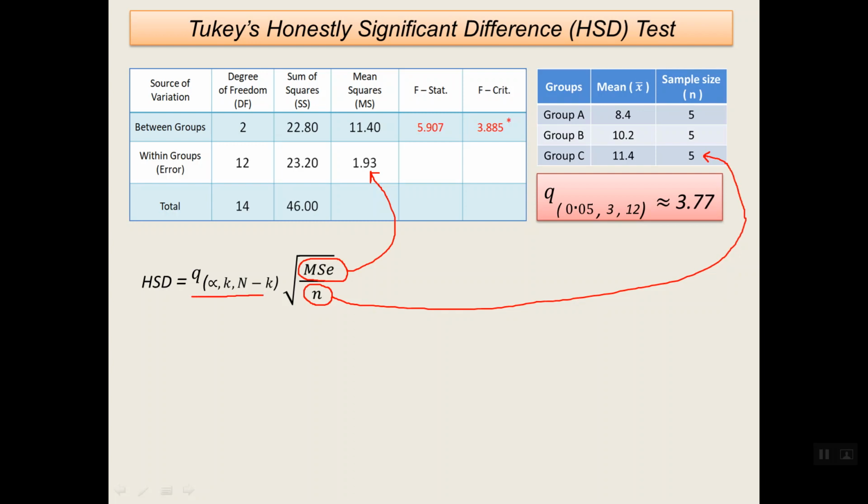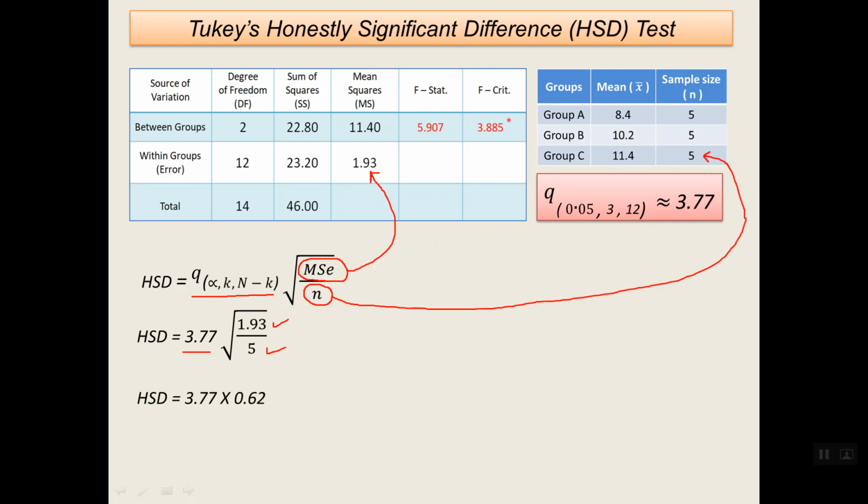And the value of Q is already determined. So if we substitute, the value of HSD is equal to 3.77, which is the value of Q, 1.93, the mean square of the error, and 5, the sample size for one of the three groups.